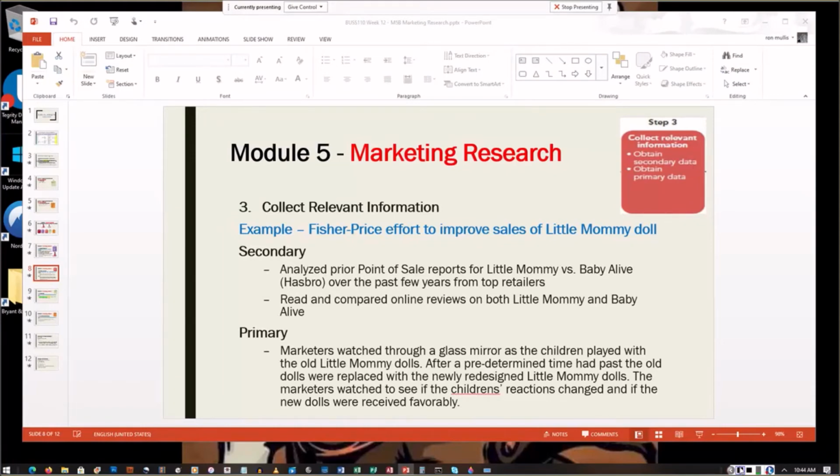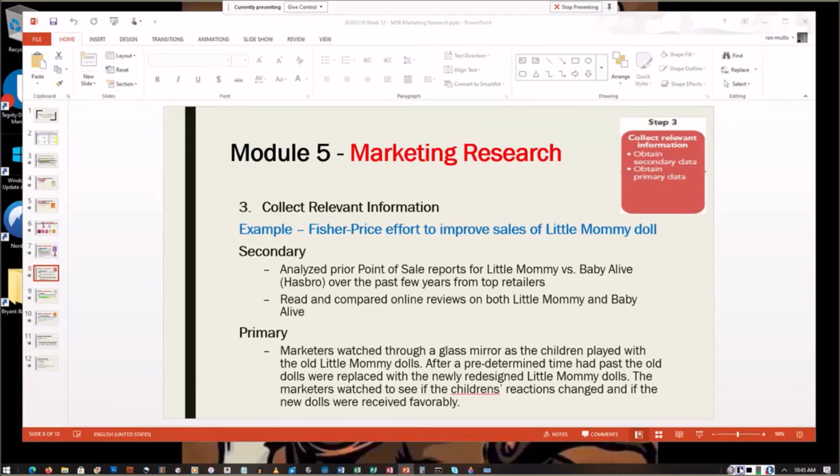They read and compared different online reviews on their doll versus Hasbro's doll. They also purchased reports from third-party market research firms about the baby doll category. So this is part of obtaining the secondary data.